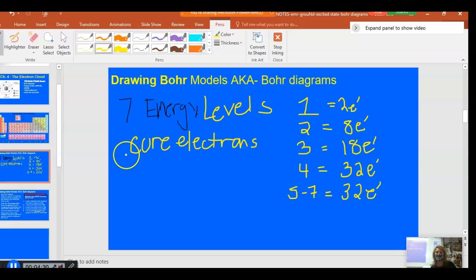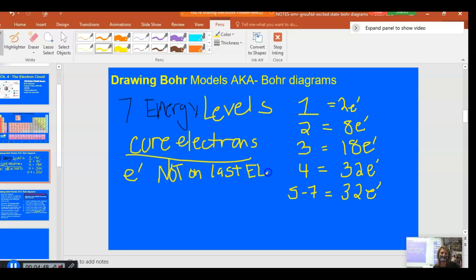Core electrons are electrons not on the last energy level. You think you guys can make a little note that EL is energy level? So the core electrons are electrons that are not on the last energy level.